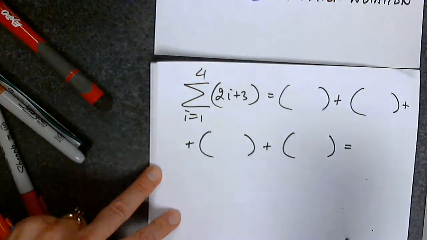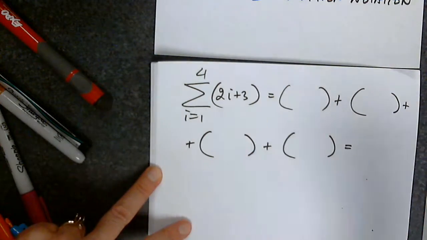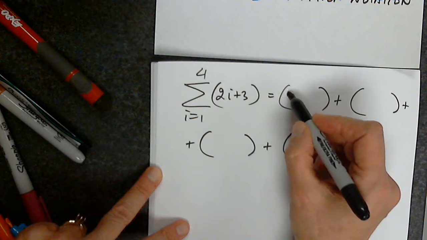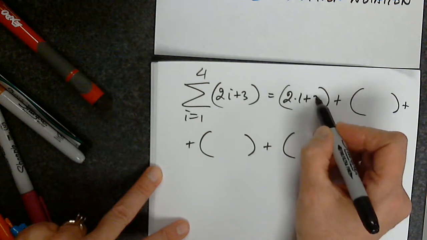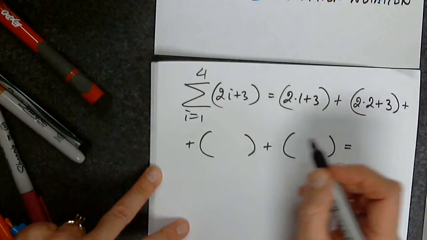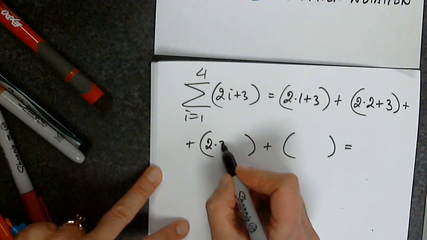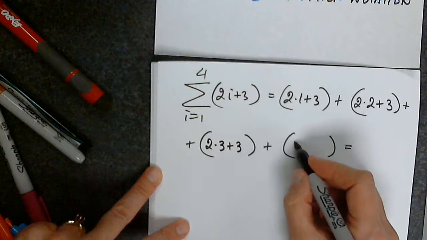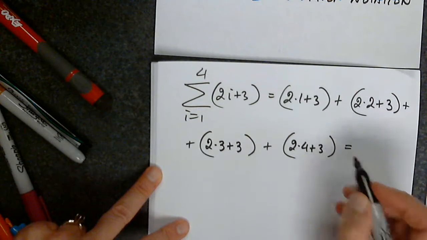What will be the first term? Don't calculate it. I just want everyone to see it. 2 times 1 plus 3, then 2 times 2 plus 3, then 2 times 3 plus 3, and then 2 times 4 plus 3.